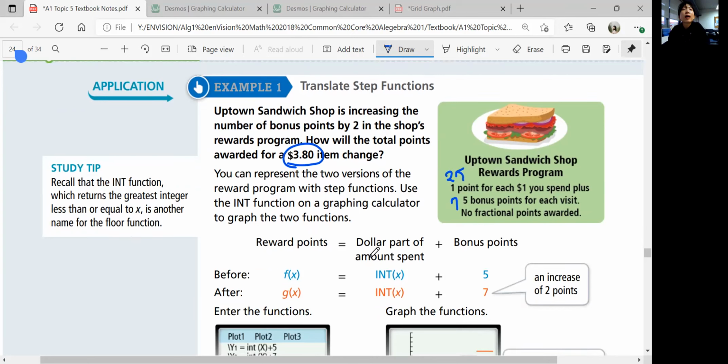But look at another notation here. Int means integer. You can use the integer function on a graphing calculator, or you can put it in Desmos as well to graph the functions. Let's go to Desmos.